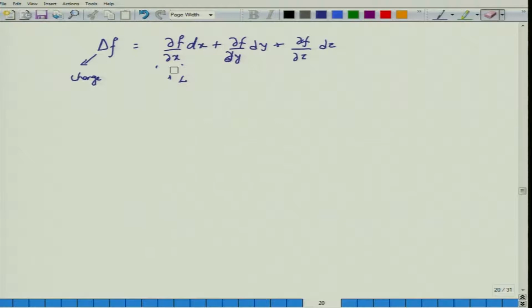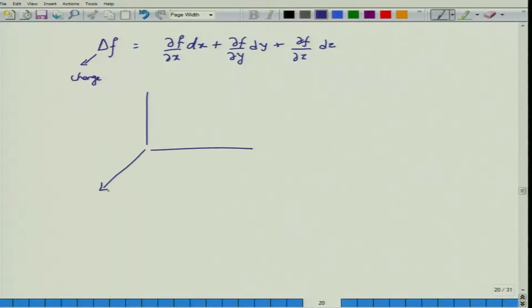So, notice the way that we have written here is that you have partial derivatives multiplied by the change. Now, let us actually draw some pictures. Suppose I go back to this three-dimensional picture x, y and z and locate this point as the point r0. r0 is the point where I already know the function, and now I have considered a new point which I can call as r0 plus dr, where this dr is this small displacement vector which is given by dx x hat plus dy y hat plus dz z hat.